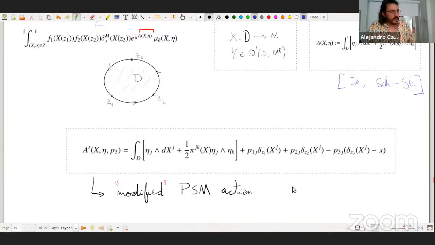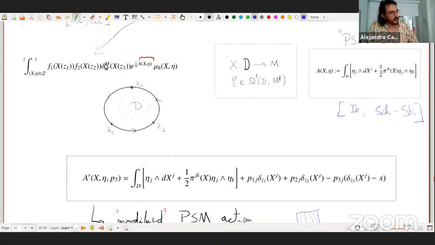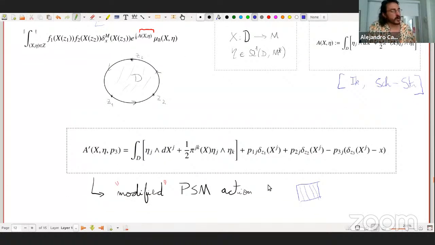Well, one has to be careful about that, because you see, this is on the disk. What you're referring to is when, instead of a disk, you take a strip and you do the Hamiltonian formalism, which is something actually very different from this disk with insertions. The connection between this thing that you're mentioning, which I should have also mentioned, and the actual setting for the Kontsevich star product is a bit more complicated.